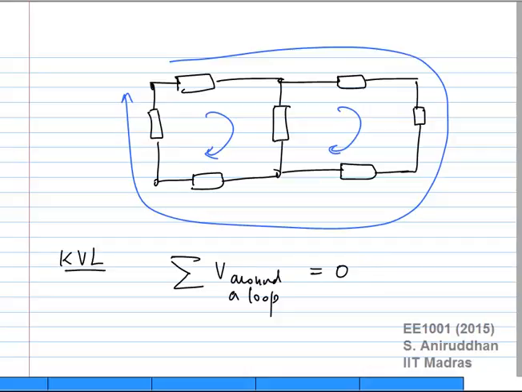You start from a particular node, you're going through several elements and you're arriving back at the same point, right? You know that the potential of that particular point with respect to some reference is not changing when you arrive back. So you are at the same potential. What that means is the sum of all the potential differences that you went through when traversing through the loop, through multiple elements, has to be 0. Any questions?